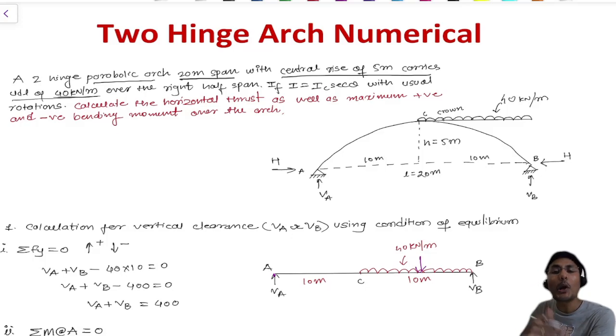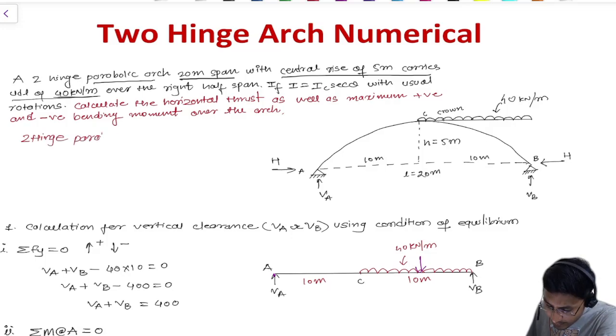See guys, a lot of information is given. First, it is a two-hinge parabolic arch. Then it's a 20-meter span, so the distance is 20 meters of span.